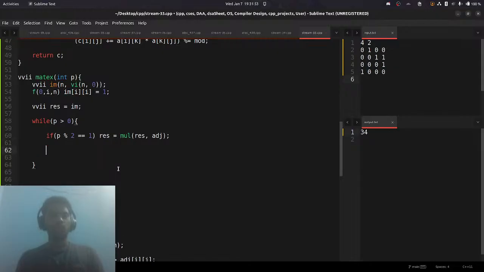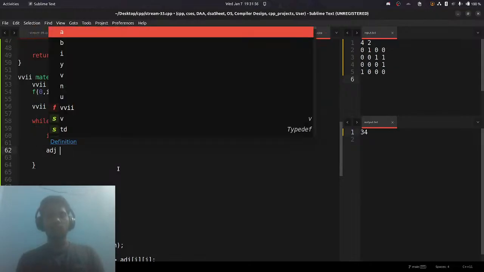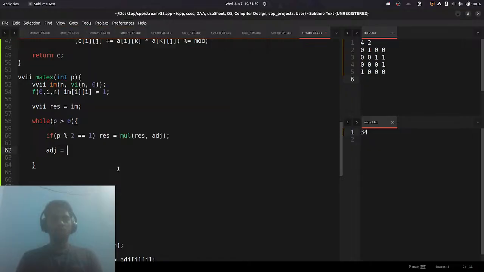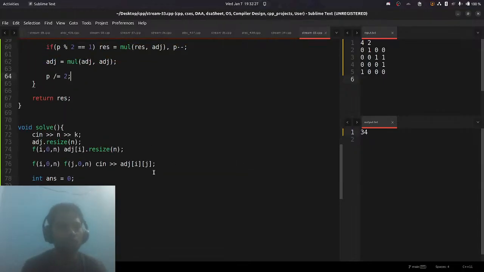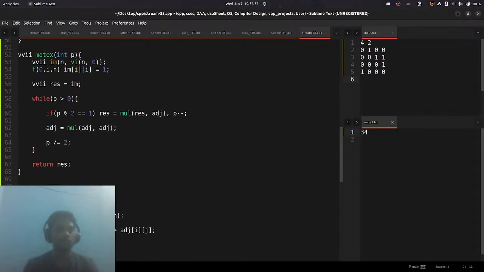Okay, and otherwise we will do adj equal to multiplication of adj and adj only, and we will do p minus minus, and here we'll do p by equal to 2. Okay, so I think this should work, maybe, who knows.